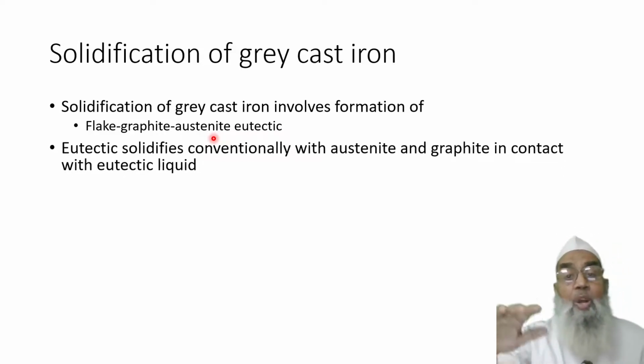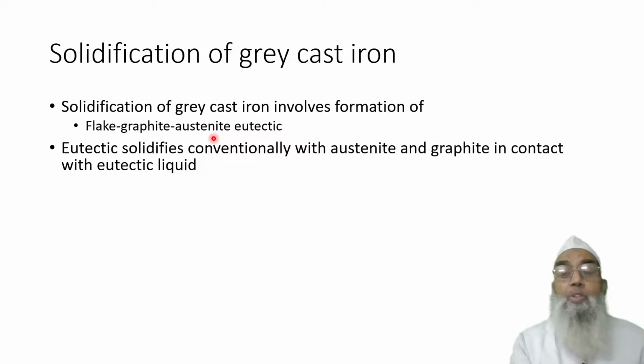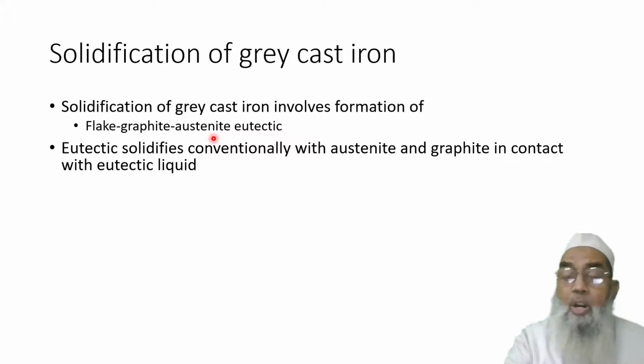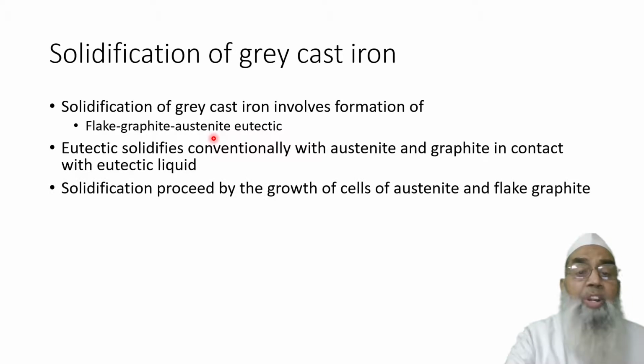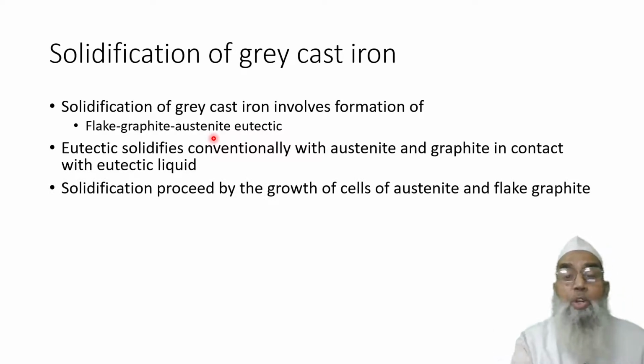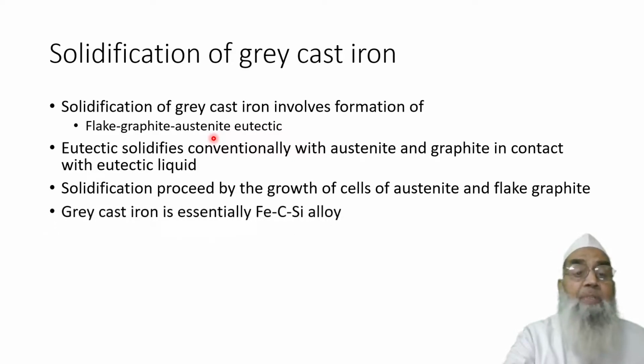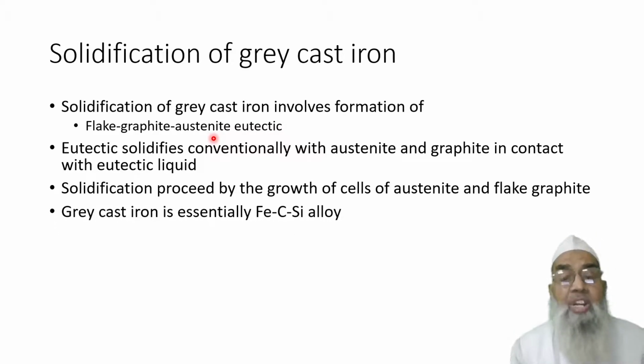The eutectic solidifies conventionally with austenite, and graphite is in contact with the eutectic liquid. Solidification proceeds by the growth of cells of austenite and flakes of graphite. Grey cast iron is essentially an iron-carbon-silicon alloy.